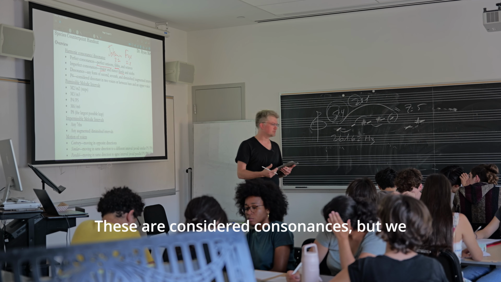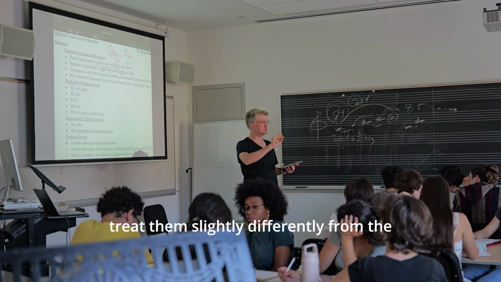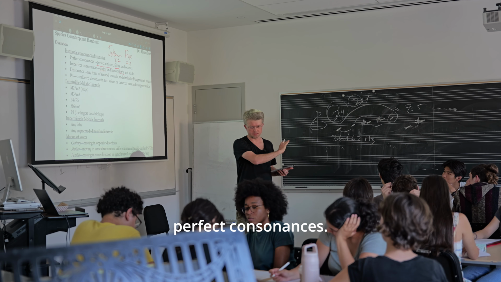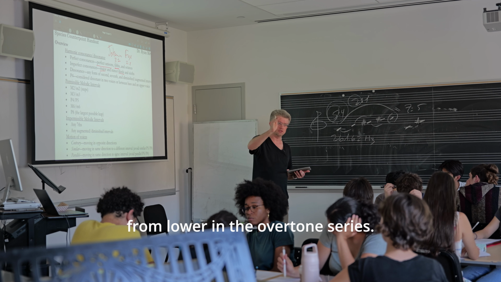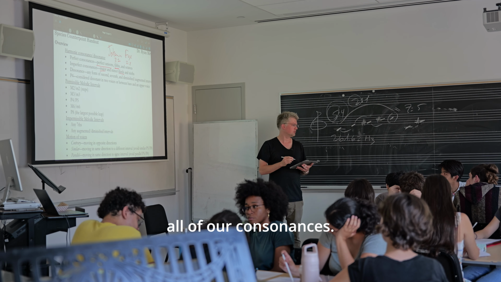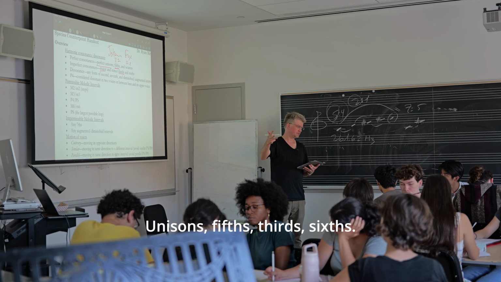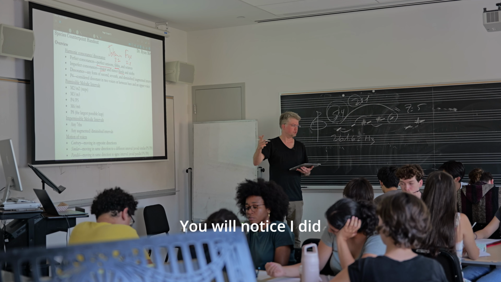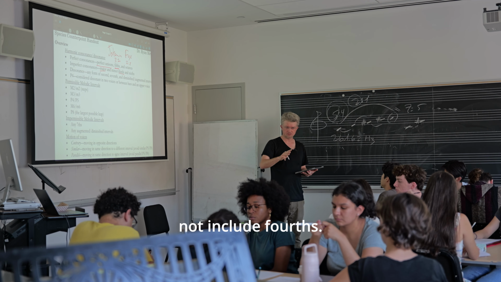These are considered consonances, but we treat them slightly differently from the perfect consonances, the more pure consonances, the intervals from lower in the overtone series. Okay, so those are all of our consonances: unisons, fifths, thirds, sixths. You will notice I did not include fourths.